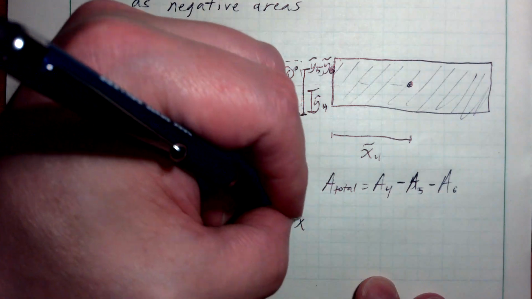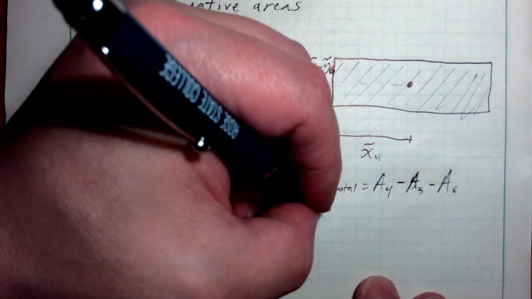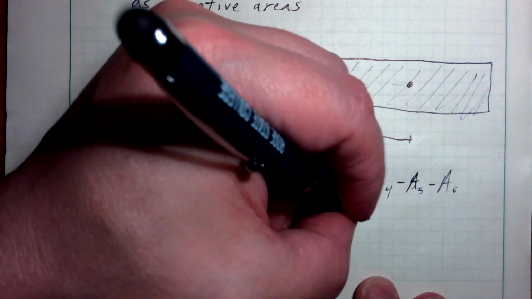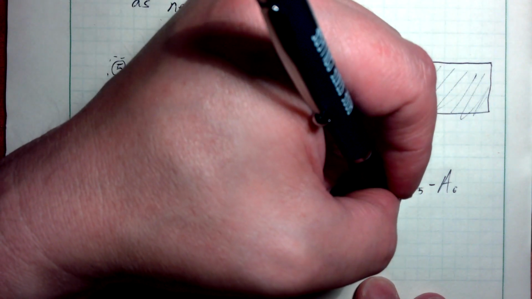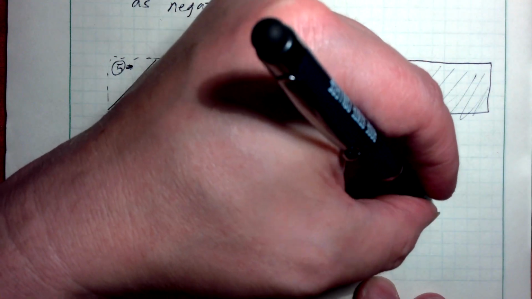And then to find the x bar, I would add the positive one, so it'd be x tilde 4 times A4, and I would subtract the negative one. So I've got a negative area, so you could say plus x tilde 5 times a negative A5, since that's removed.